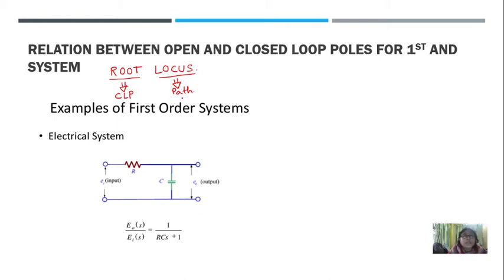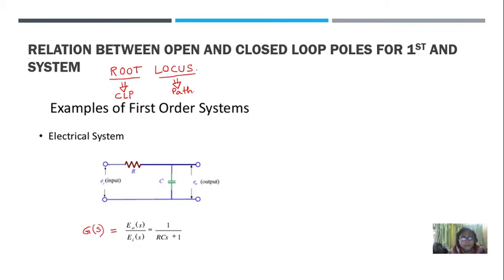Now how can we get the path, or what is the meaning of the path of closed loop poles? Just understand with a simple example. Let us talk about a simple first order system. This is a simple first order system and it has a transfer function like this. Suppose this is our G(S).